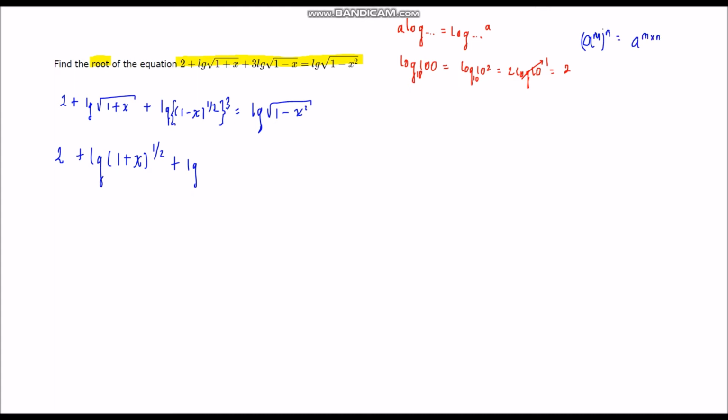And you can switch between the m and n. You can switch the position of these two. So this is also the same thing as a power n whole power m.